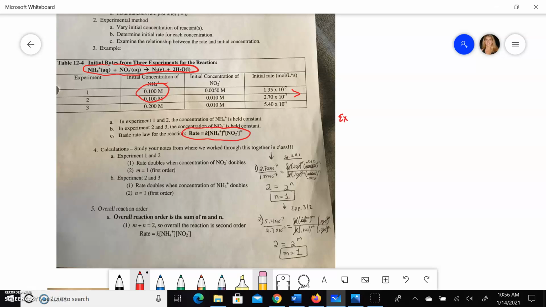So we're going to do experiment 2 over experiment 1. Alright, so for experiment 2, this right here is the overall equation. So we're going to put the rate, which is 2.7 times 10 to the negative 7th moles per liter, and then divided by 1.35 times 10 to the negative 7th.